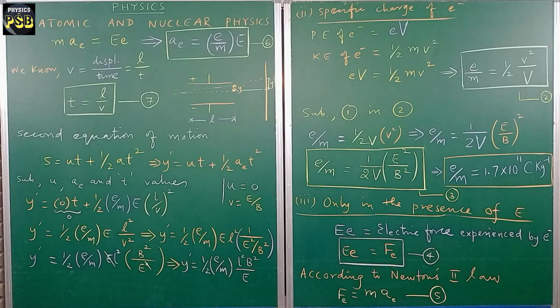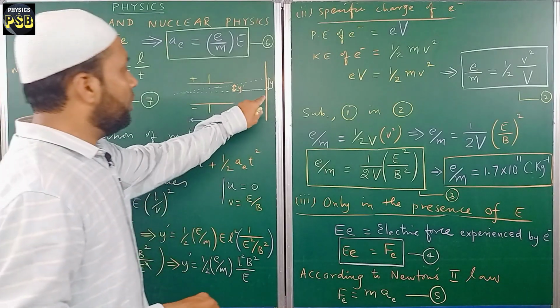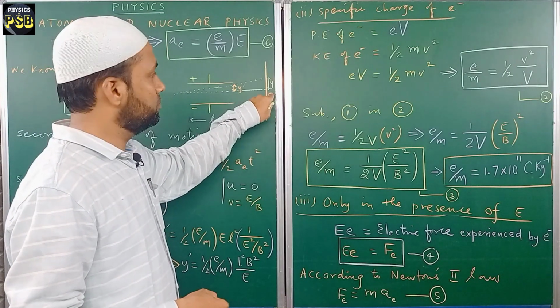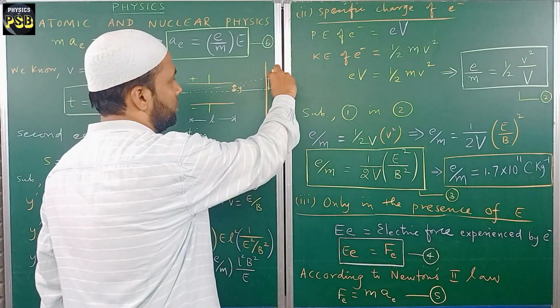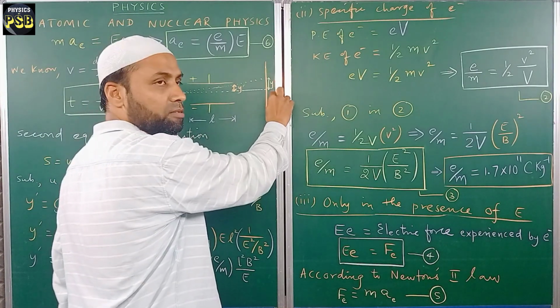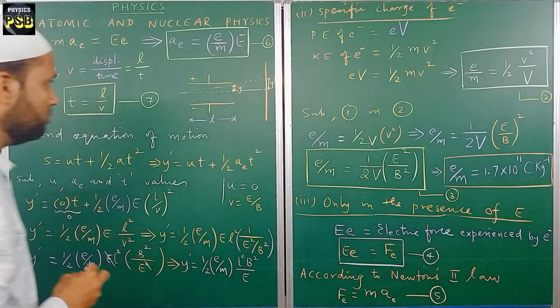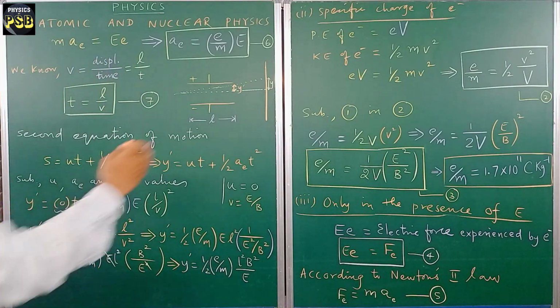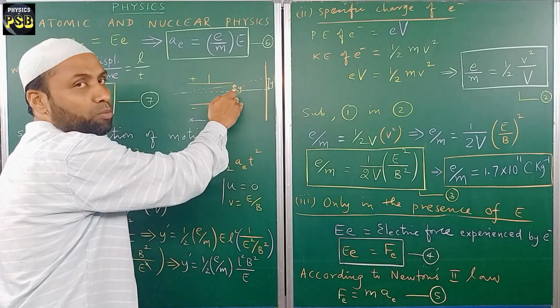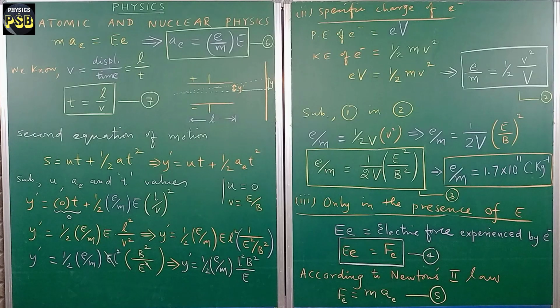Now here, one thing you must know. When the spot is observed from outside, the deflection is found to be equal to y, small y. Here the small y value depends on the y dash value, which is the deflection inside the tube. So here y is directly proportional to y dash.